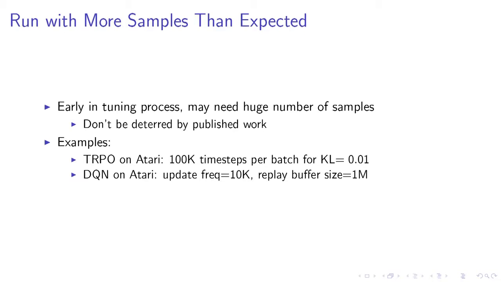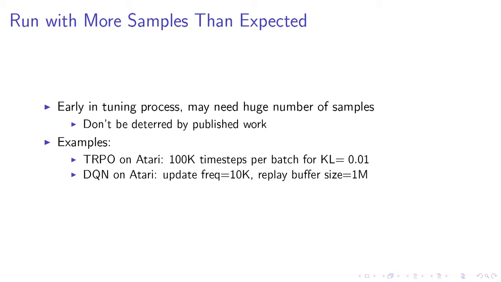But if you want to just get something working at all, often you need to use bigger batch sizes than you thought. Because if your batch size is too small, then the noise will overwhelm the signal and you won't learn anything. For example, for TRPO, I wasn't seeing any learning for a while, and then it turned out it's just because I was using too small of a batch size, and I had to use 100,000 time steps for the batch size.